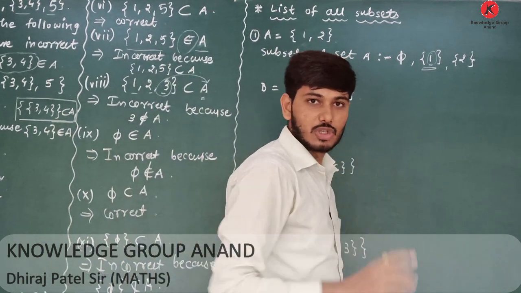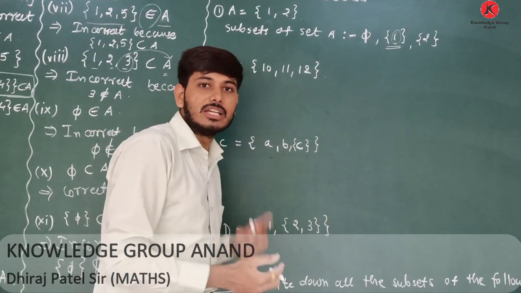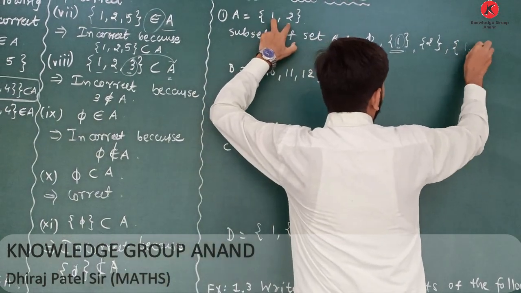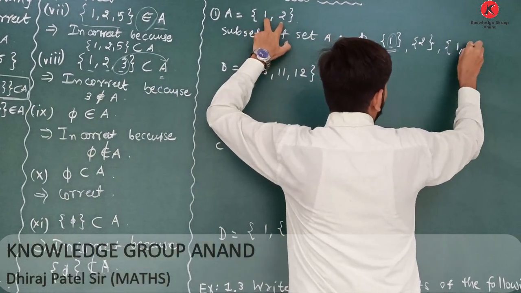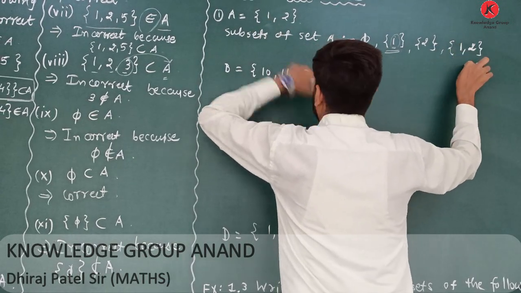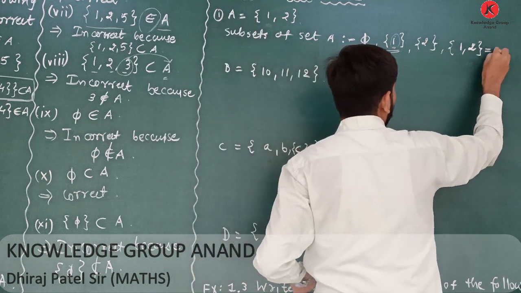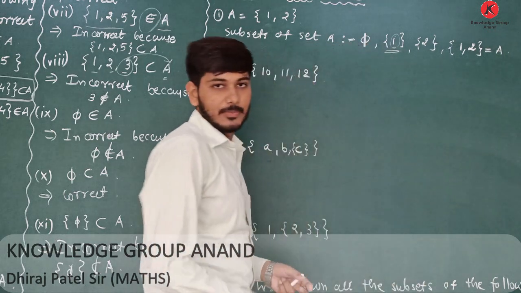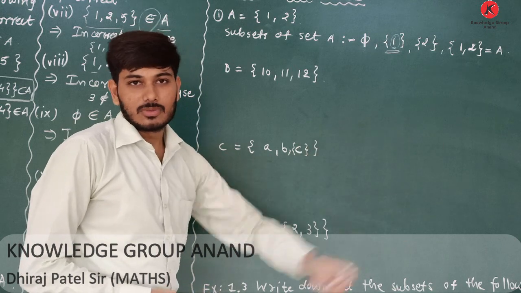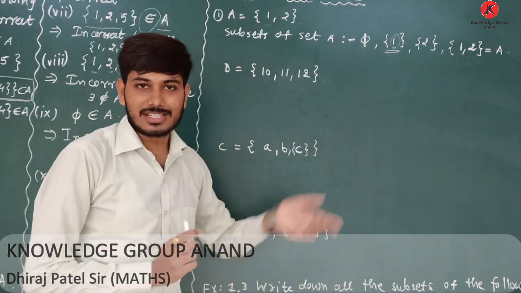Then going for the subsets having two elements. Consider the two elements 1 and 2. Therefore, we get this set, which is also a subset of set A, and this set is also known as the set itself.